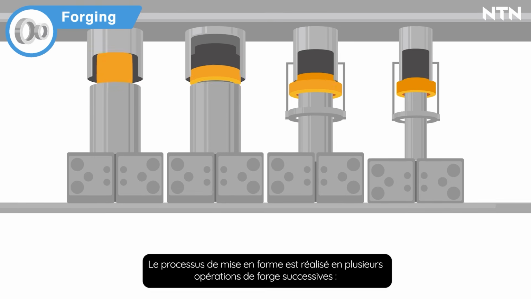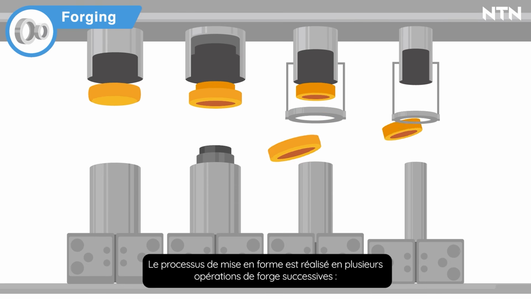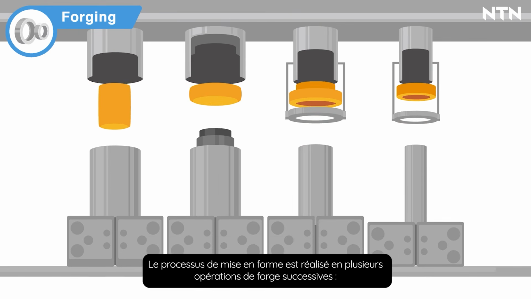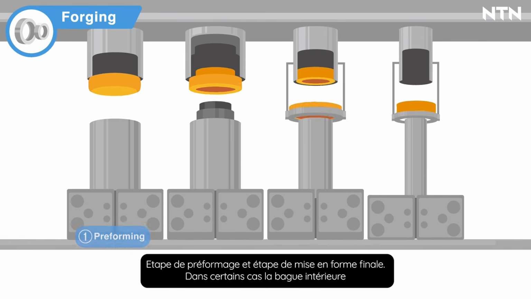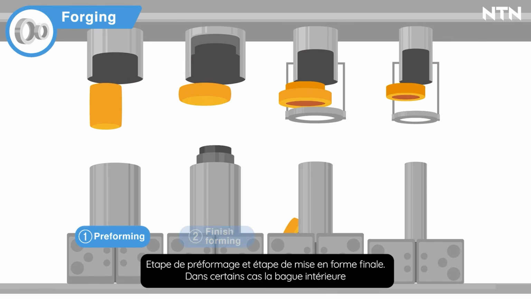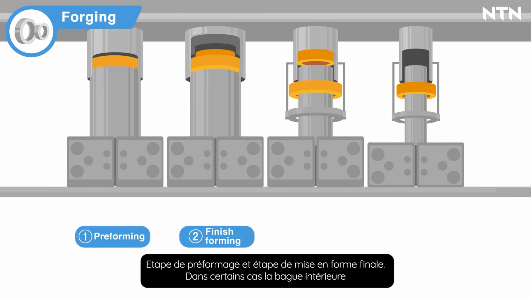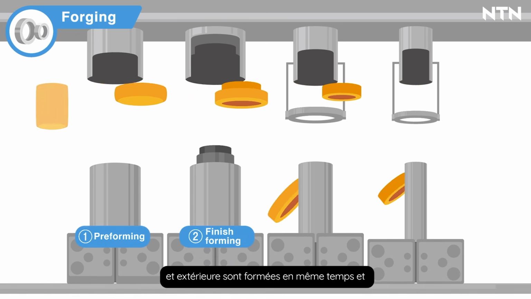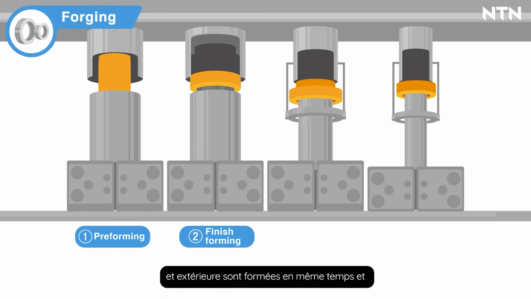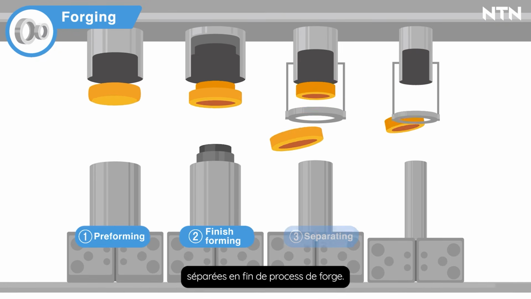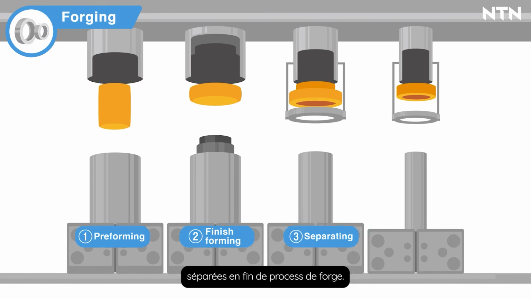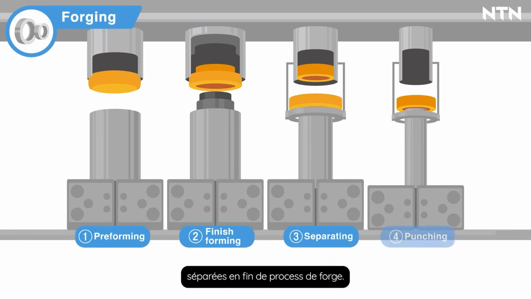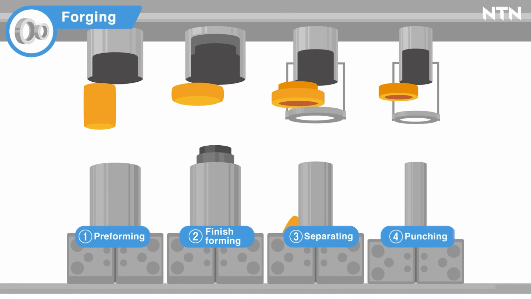Inside the press machine, outer and inner rings are made from a single billet. First, through 1, preforming, and 2, finish forming, the billet is formed so that it can be easily separated into an outer and inner ring. Next, the outer and inner rings are separated in 3, and the inner ring is punched out in 4.